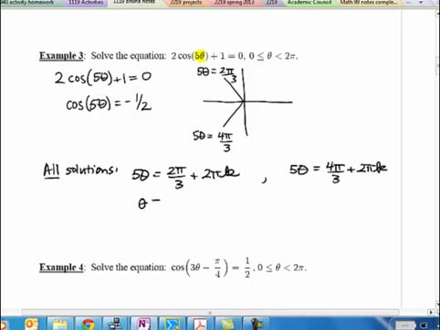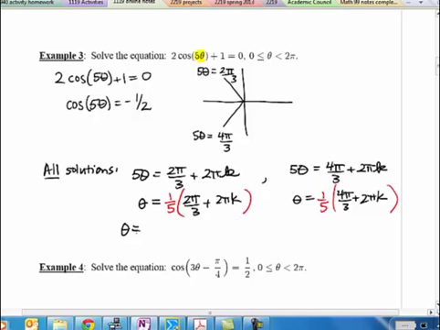So I would have theta is 1/5 of this whole side, and here we'd have theta is 1/5 of this whole side, which is going to mean we'll end up with theta is 2 pi over 15 plus any integer multiple of 2 pi over 5, or theta is 4 pi over 15 plus any integer multiple of 2 pi over 5.